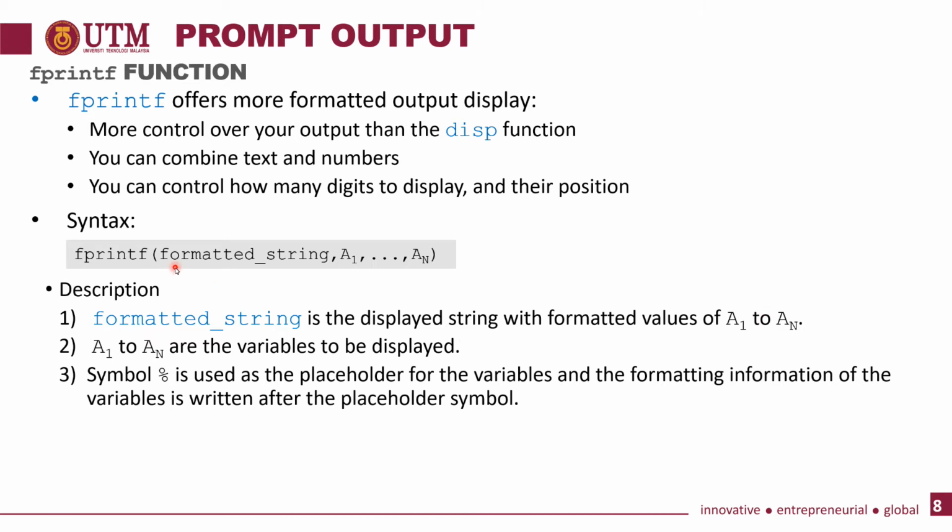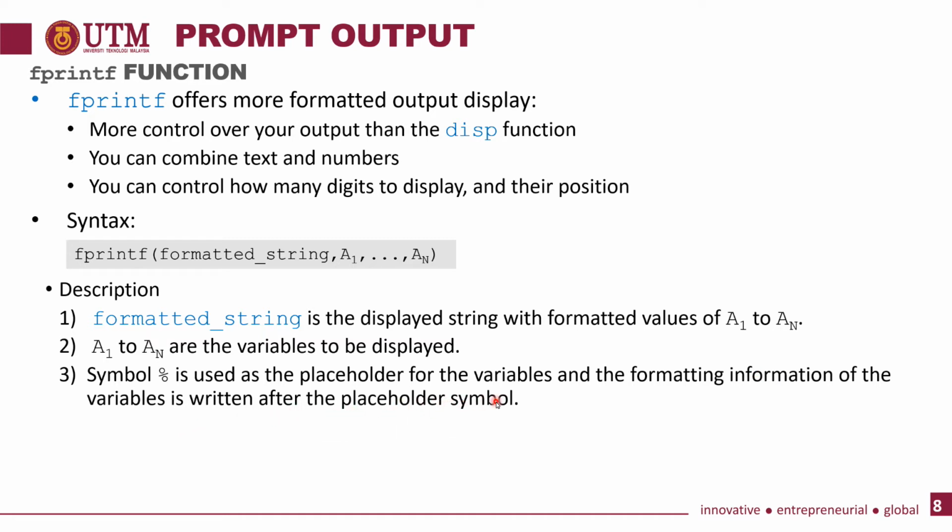Basically, inside the formatted string, you can combine the text and you can combine numbers, so it will show everything inside the formatted string. A1 to AN are the variables to be displayed. The percentage symbol is used as the placeholder for the variables, and the formatting information of the variable is written after the placeholder symbol.